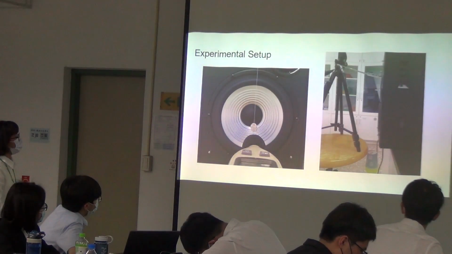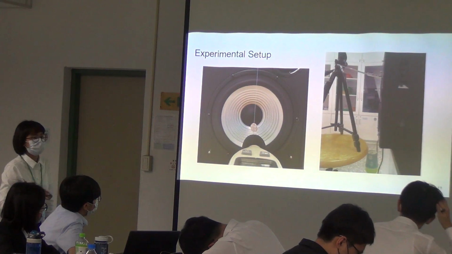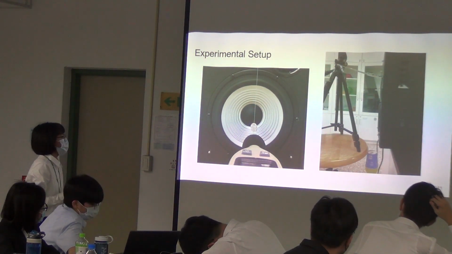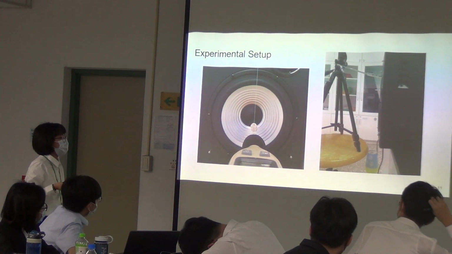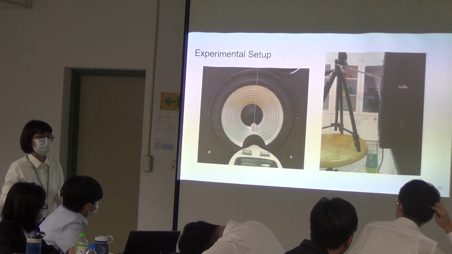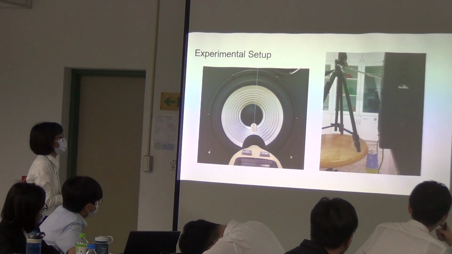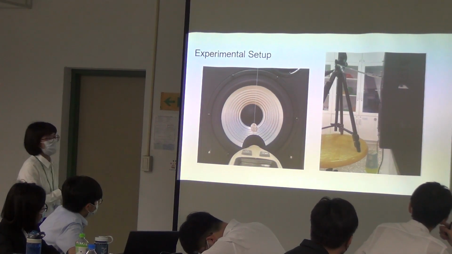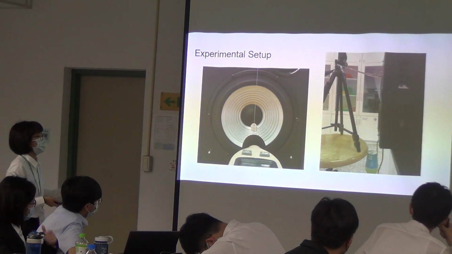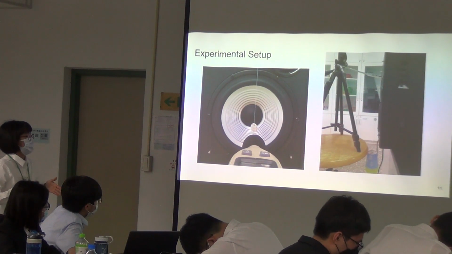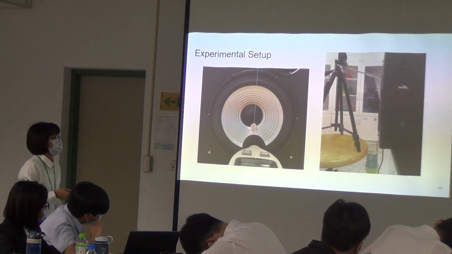Our experimental setup. Because we did this experiment in an open area, we thought about whether the energy would differ or not. So we tried to put the disc as close to the speaker as possible. It's only 2 centimeters apart, so the energy will focus onto the disc instead of going out.